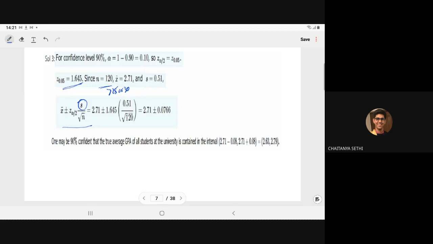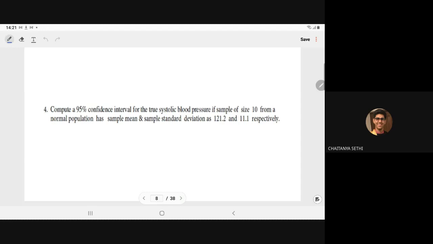Next question, and then I will conclude one thing. In the next question, compute the 95% confidence interval for the true systolic blood pressure if the sample size is 10. Now here we have sample size 10, which is less than 25, from a normal population.